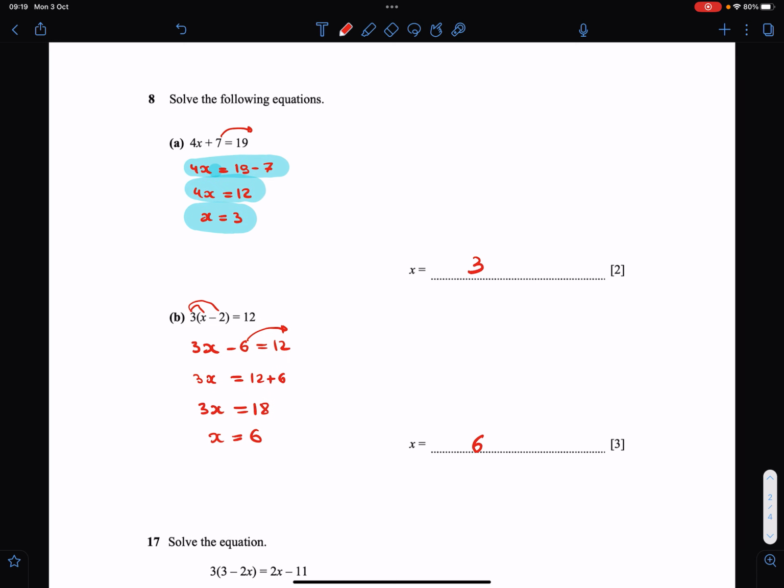Guys, it's very important to check your answers, please. Put a tick if it's correct. If it's not correct, write down the correct solution there. It's very important.